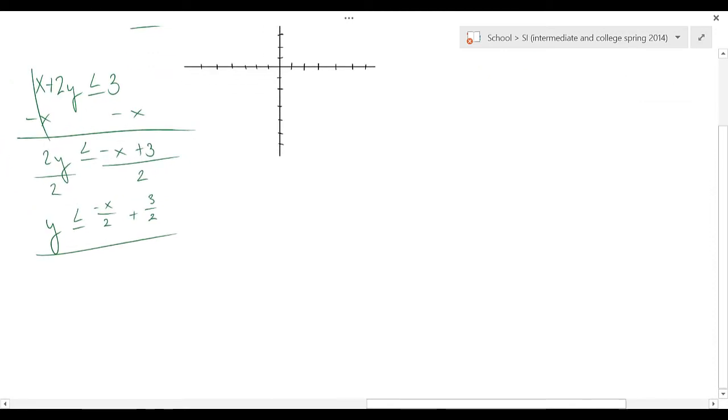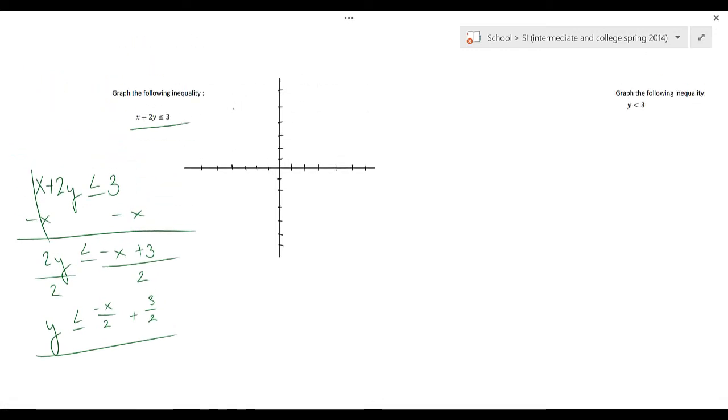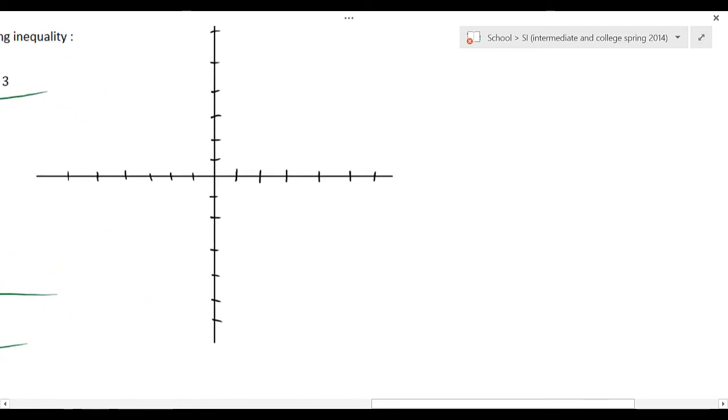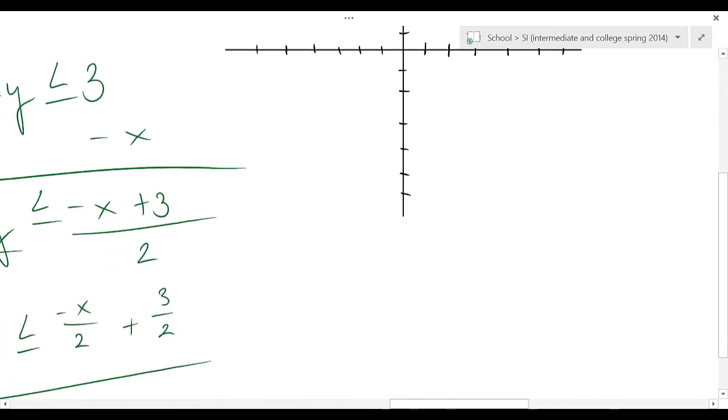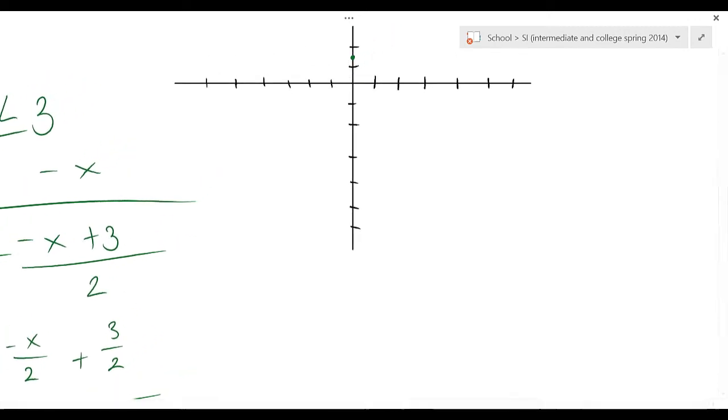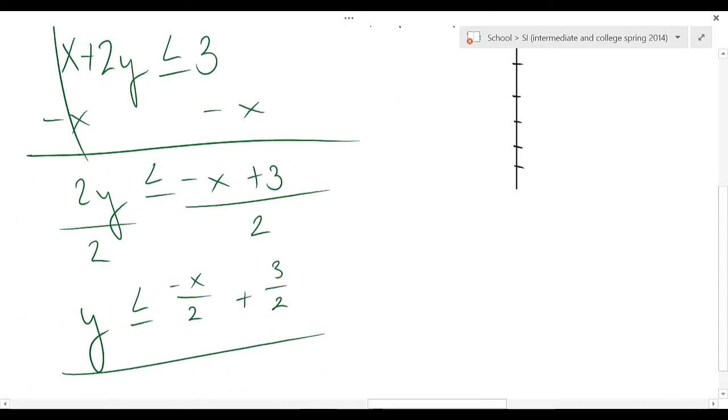I'm going to go ahead and plot my y-intercept. 3 over 2 is about 1/2, so it's right there. Actually, it's exactly 1.5. And now let's go ahead and use our slope to determine our next point.